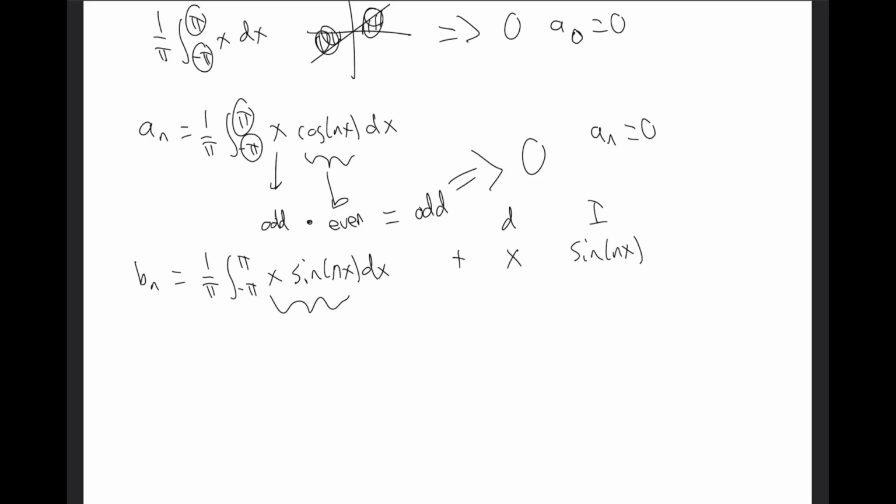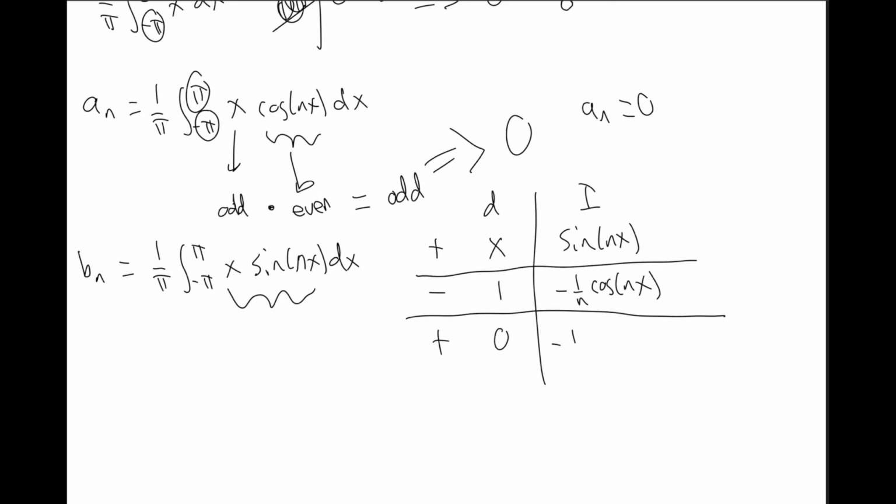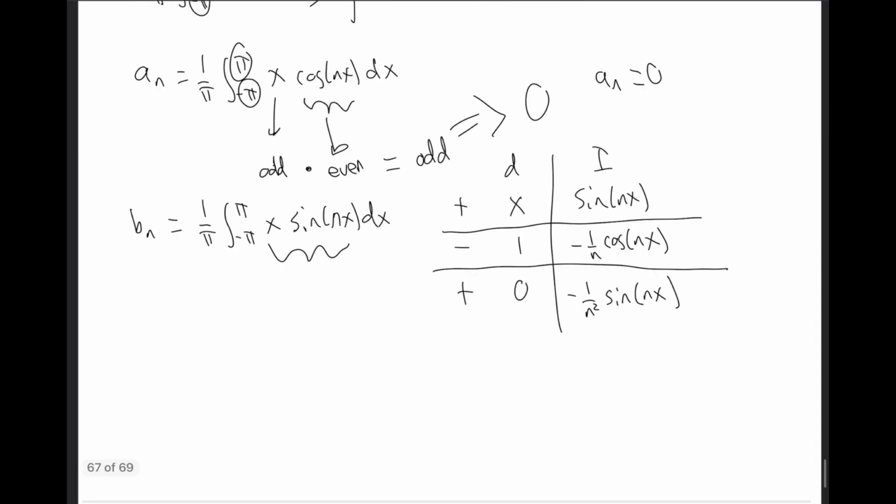And we have signs plus, minus, plus. The derivative of x is 1, and the derivative of 1 is 0. The antiderivative of sine nx is negative 1 over n cosine of nx. And then the integral of that is negative 1 over n squared sine of nx, I believe, right?